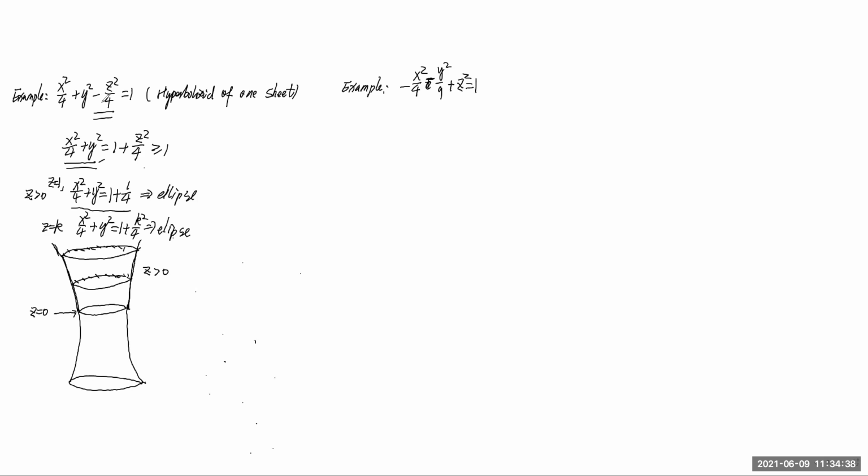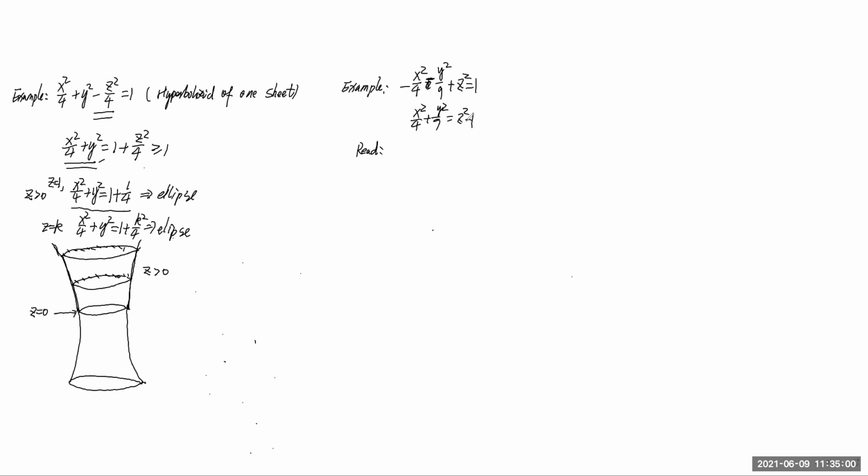The difference is that for the previous one, you have 2 positive, 1 negative. Here you have 2 negative, 1 positive, right? We can change this equation into this form. From this, you can read directly.